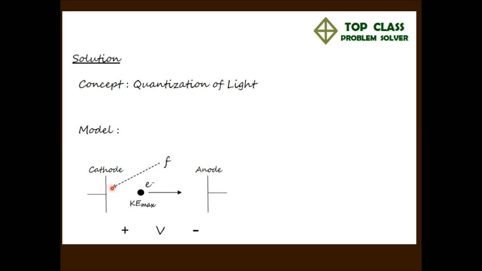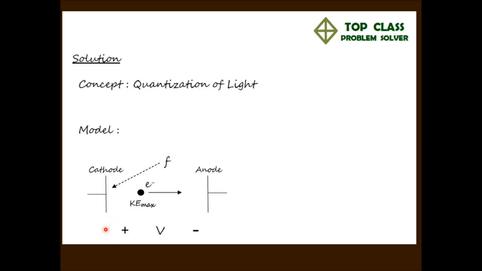We will consider those electrons that drift from the cathode to the anode. The important parameter of this beam of electrons is the maximum kinetic energy that is predicted by the quantization of light. We should note that Kmax refers to the kinetic energy of the electrons immediately as they are emitted from the cathode.